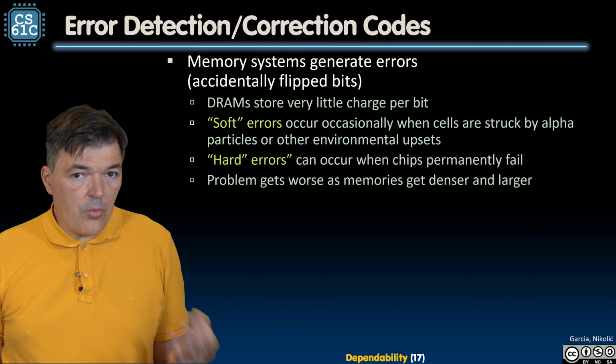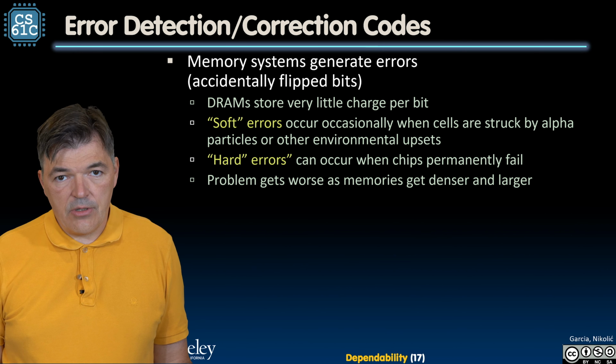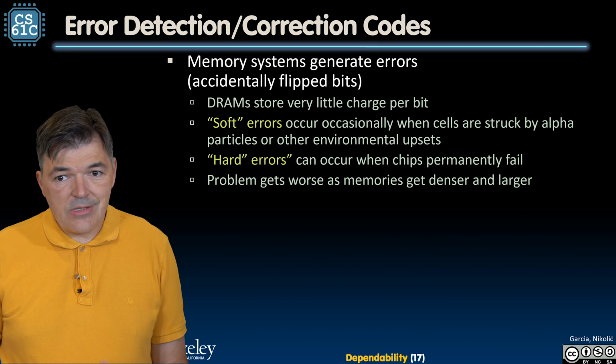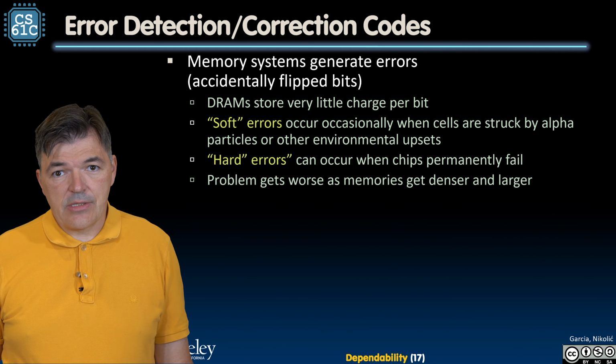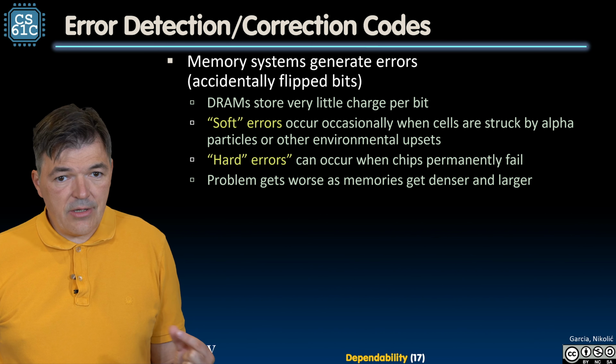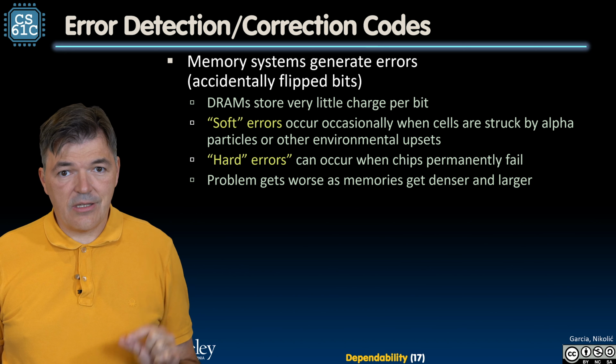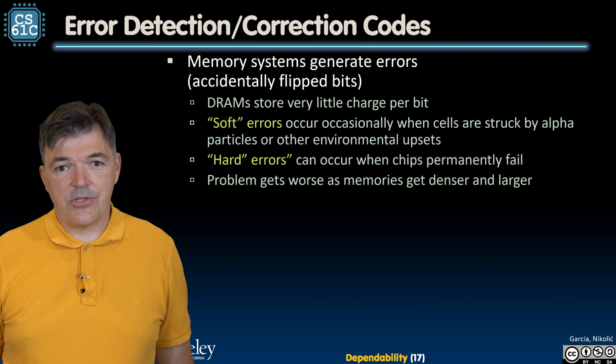Why is it most likely that we're going to see an error in memory? Well, the reason is that we have so many memory cells out there and they're tiny. In DRAM, in essence, every bit is a tiny little capacitor that stores a little bit of charge.